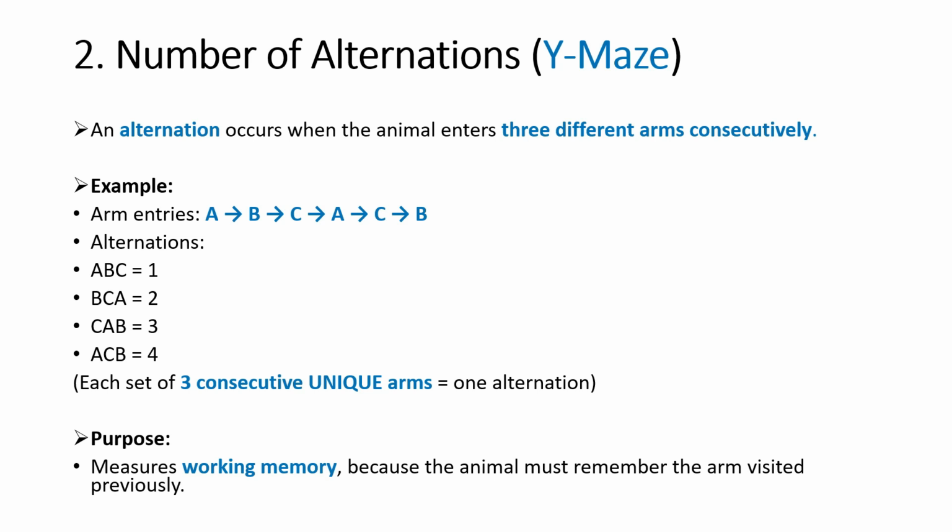The purpose is to measure working memory, because the animal must remember the arm visited previously, so it generally does not visit that place. What is the importance of number of alterations? Animals prefer to visit a new, novel area.